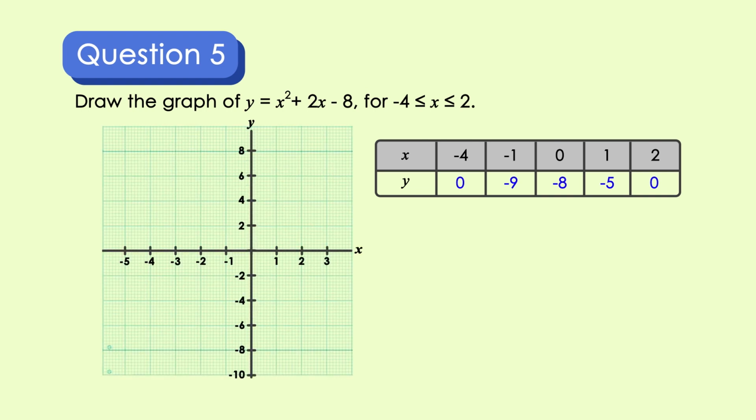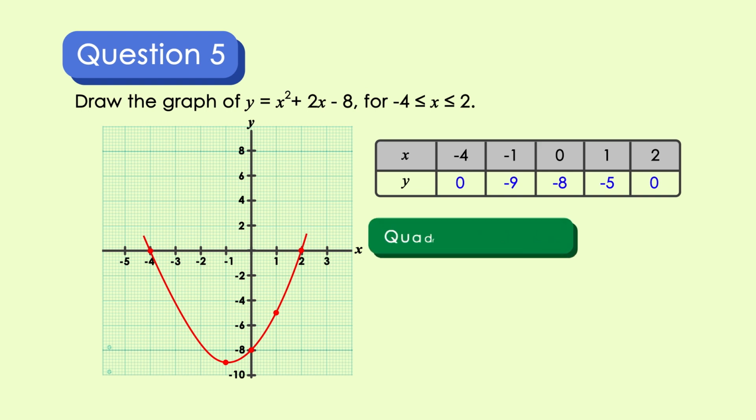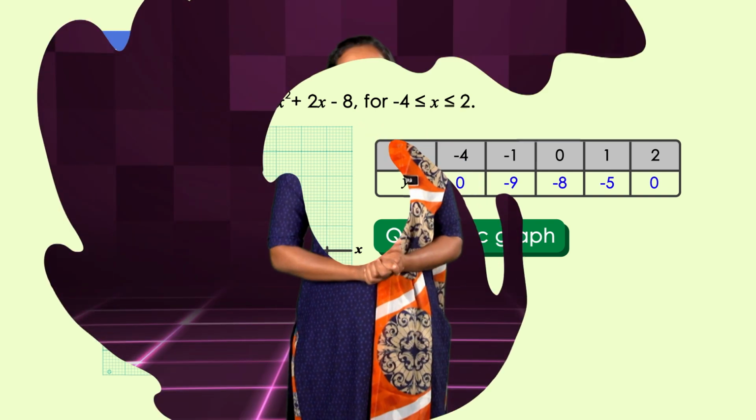By using the table of values, we will plot the points on the Cartesian plane, and then we connect the points to form a smooth, curved line called a quadratic graph.